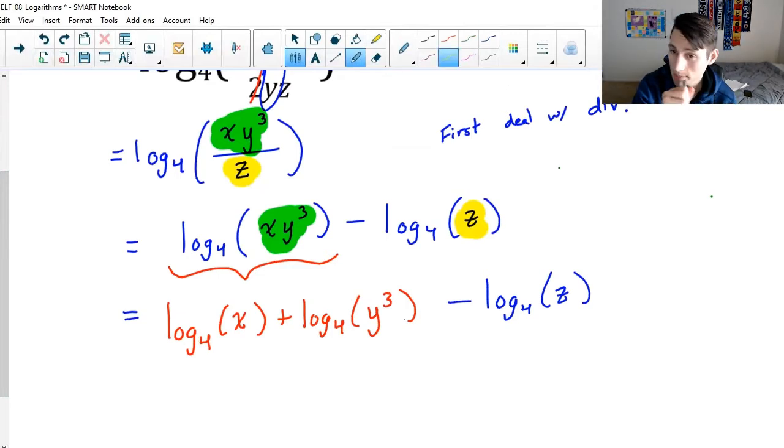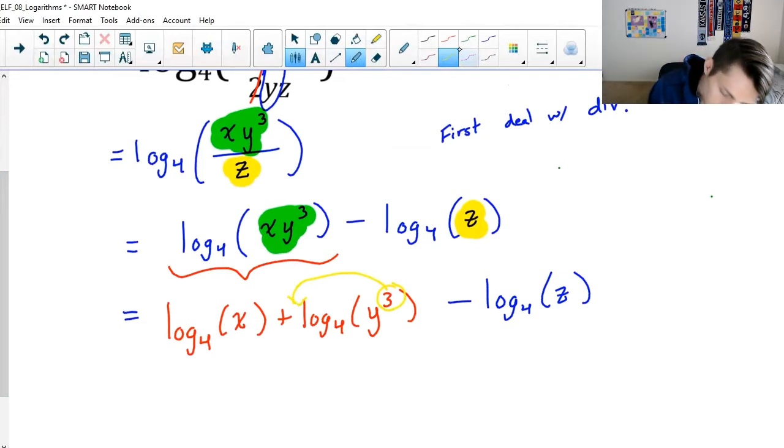Okay, so we split this up now into 3 distinct logarithms. And I just have one more step I can do, which is, using that last property we talked about, if I have an exponent up here, the properties tell me I could move that down as a coefficient. So I'm going to go ahead and do that.